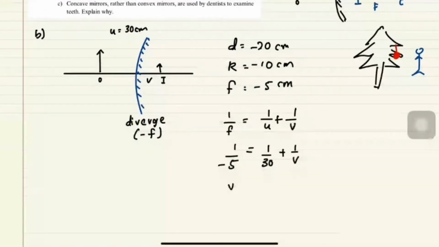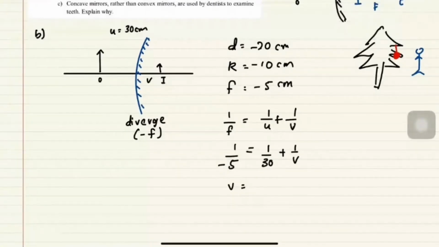Okay, so if you calculate, you get 1 over V equals negative 1 over 5 minus 1 over 30, then don't forget to take inverse of that. But here it's negative 4.29 centimeter.